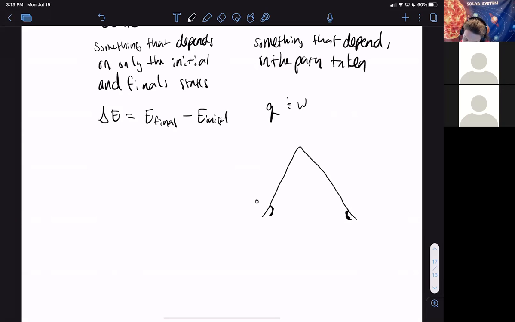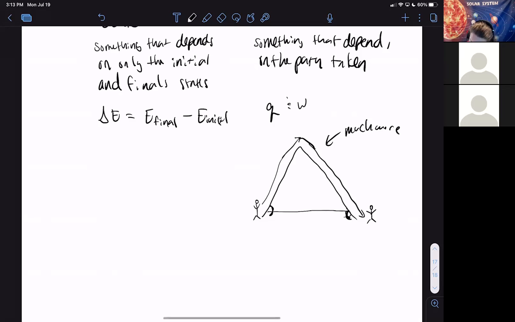So if you have a little person, and they go up the mountain and then back down the mountain, they end up right here, right? The amount of work is going to be pretty significant if you went all the way over the mountain versus if you go straight through the mountain, right?